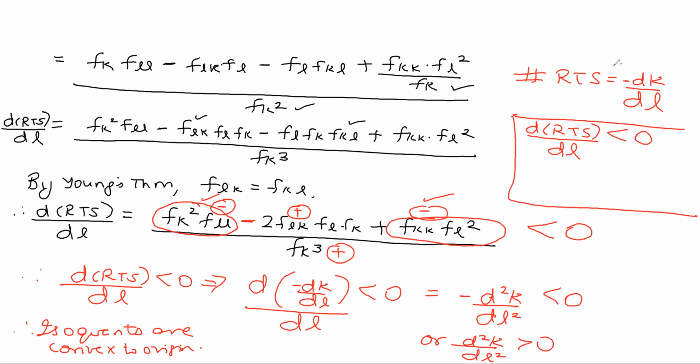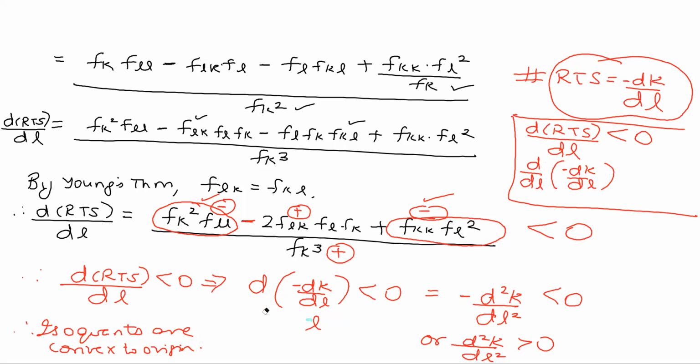Now what is RTS? RTS is minus dK by dL. That means d by dL of minus dK by dL, which is minus d square K by dL square, is negative. And guys, if minus d square K by dL square is negative, it implies d square K by dL square is positive. And this is what we had to show.